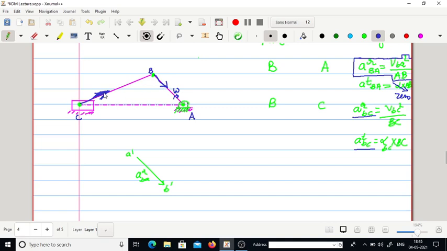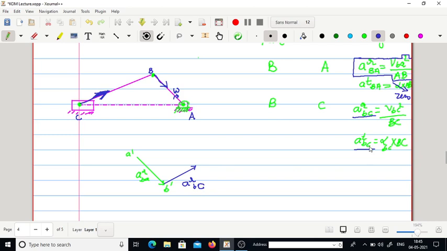Now we take this vector and draw a parallel vector from this end B in this direction, so this will represent the radial acceleration of point B with respect to C. Since the magnitude is known, its length is decided.